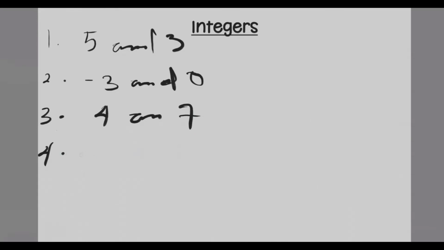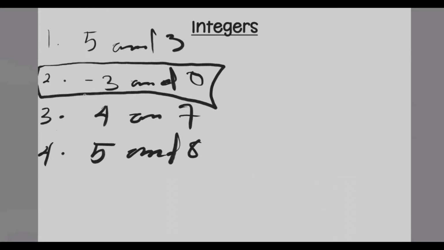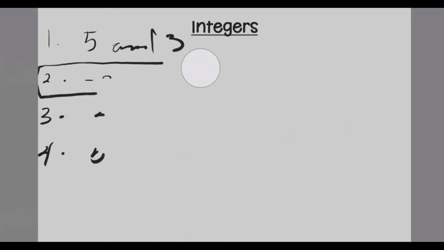And option 4, 5 and 8. The question is, which of these is the smallest? To me, the option with minus 3 and 0 gives the smallest number, because minus 3 is smaller than any other number here. That's how you answer questions like that. Don't forget, as you move to the left of your number line, numbers become smaller.